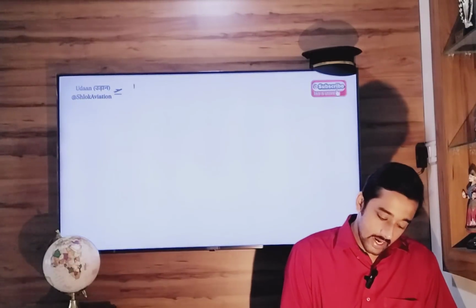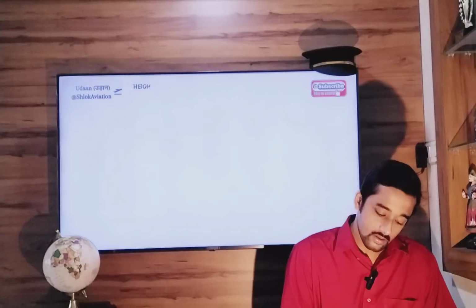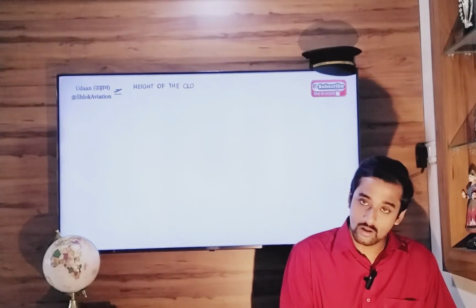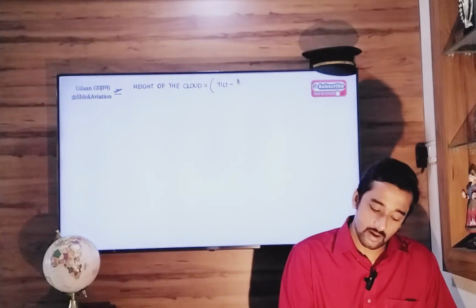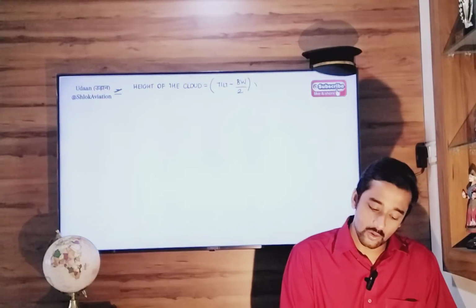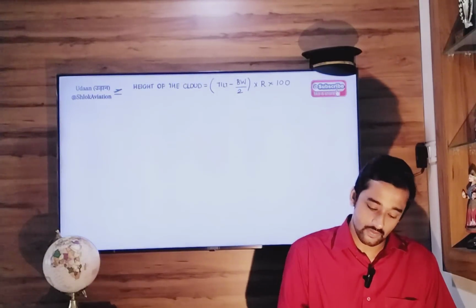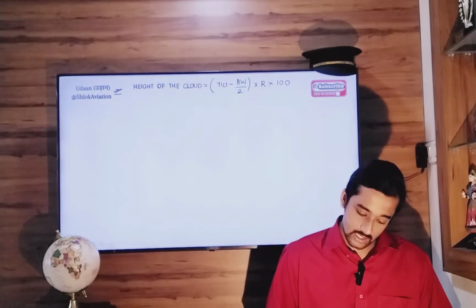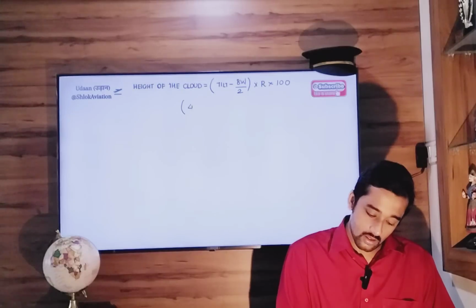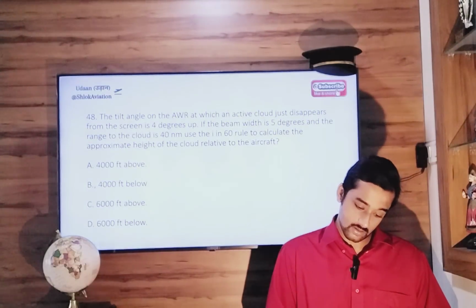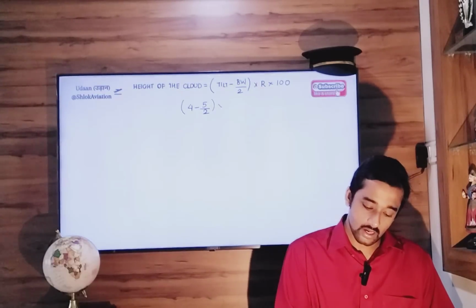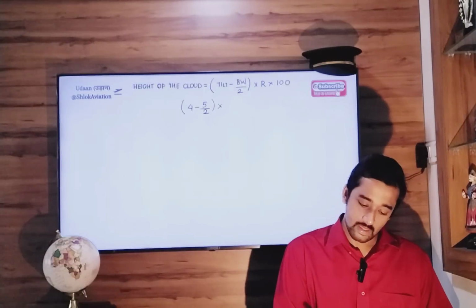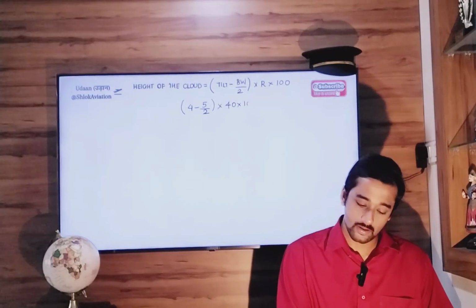So, height of the cloud is equal to tilt minus beam width by 2, into range into 100. Tilt is 4 degrees up, beam width is 5 degrees, range is 40, into 100.